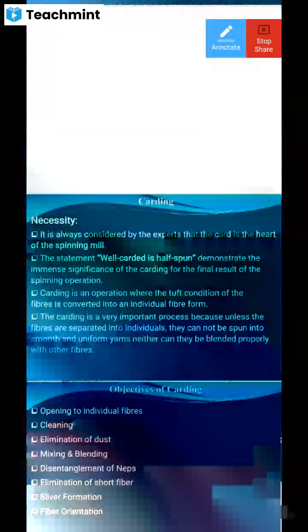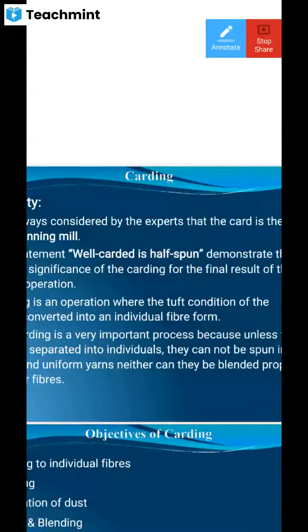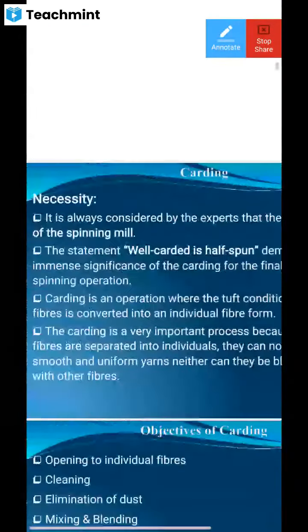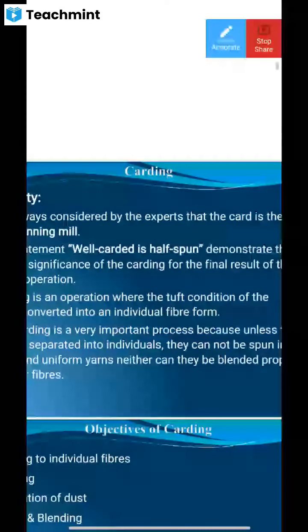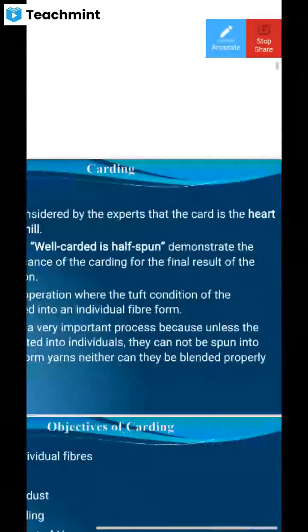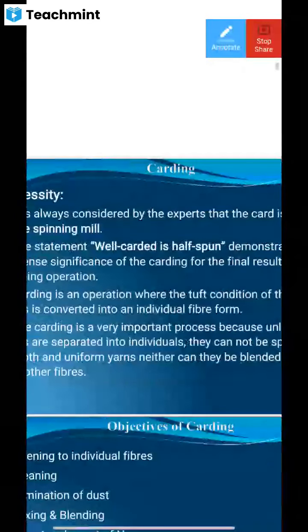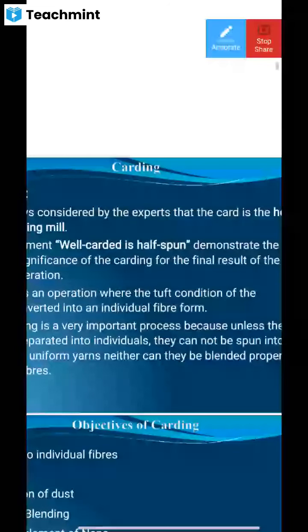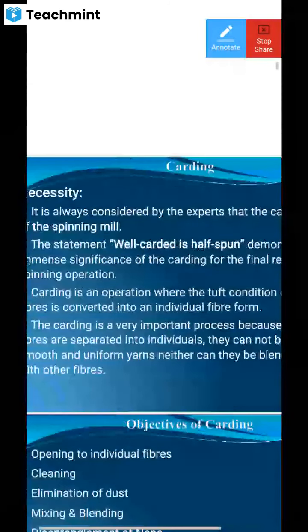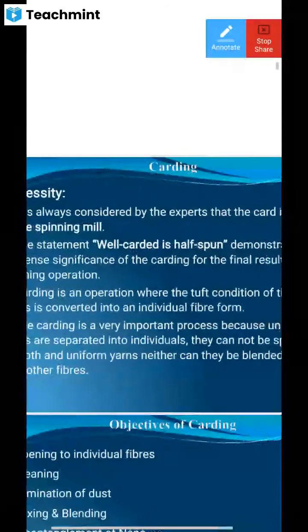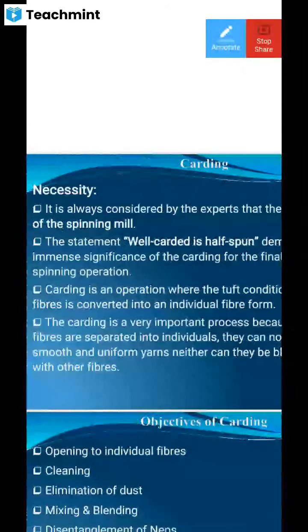It is considered by the experts that the carding is the heart of the spinning mill. The statement 'well carded is half spun' demonstrates the immense significance of the carding machine for the final result of the spinning operation. The carding is an operation where the tuft condition of the fibers is converted to the individual fiber form.